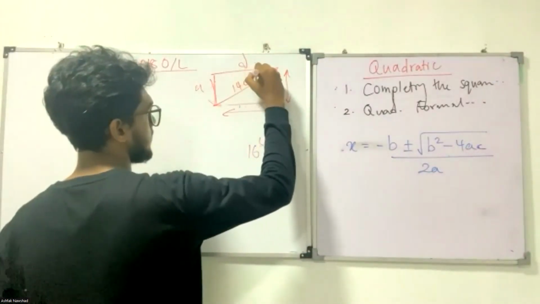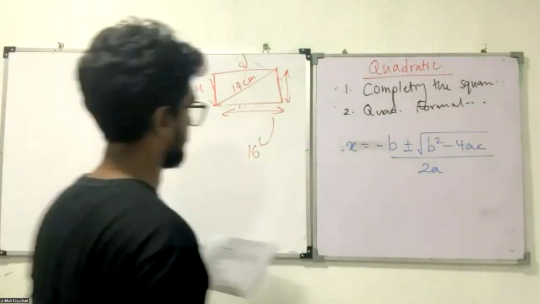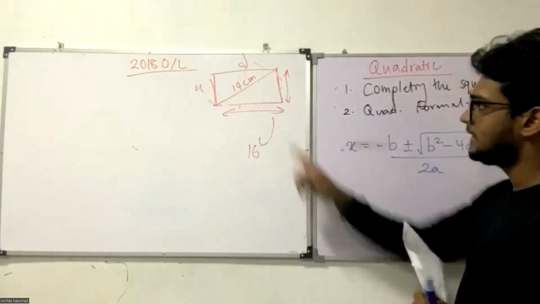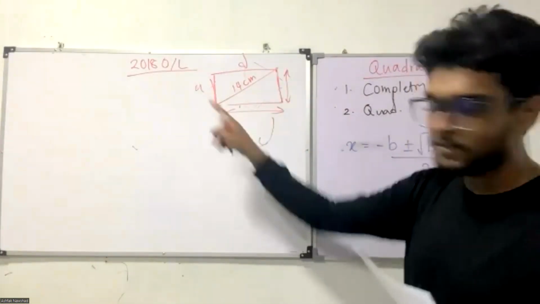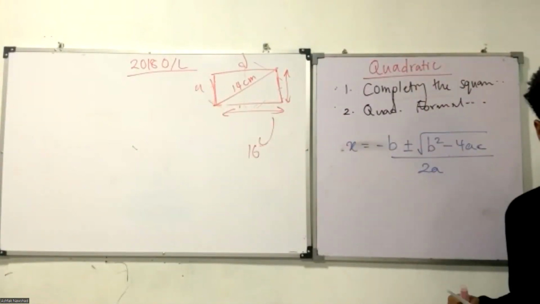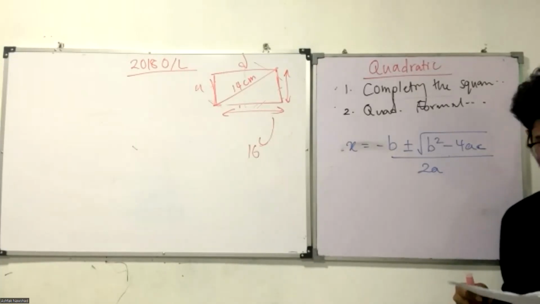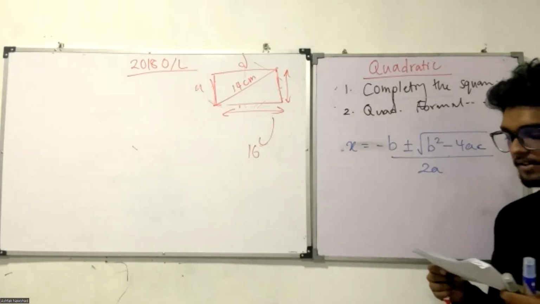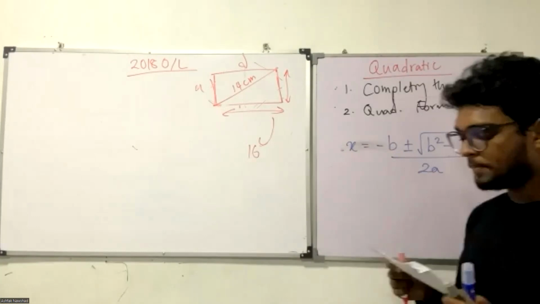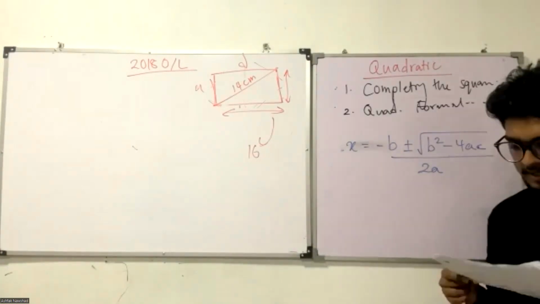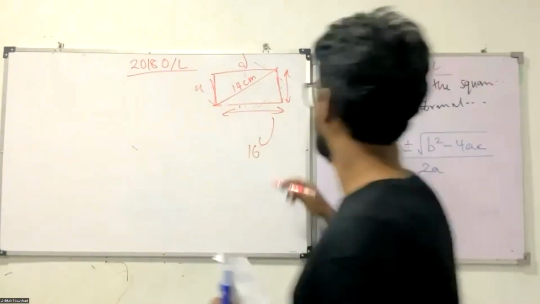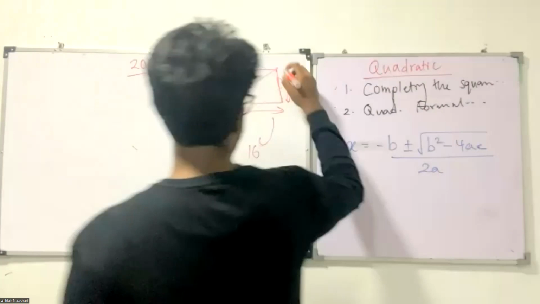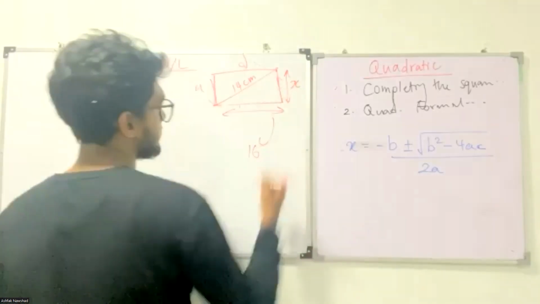That's 14 centimeters. This is 14 and the sum of this is 16. And they say, show that when the breadth of the rectangle is taken as x, I'll take this as x.